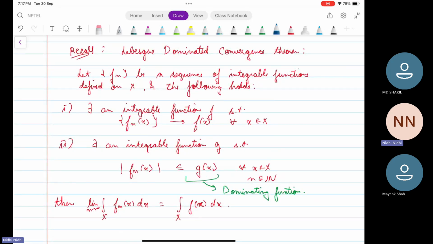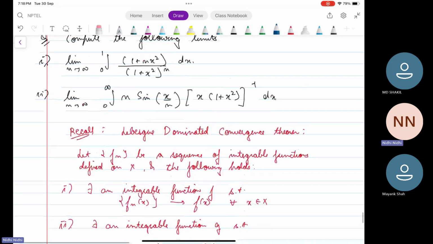So yeah, is this definition clear? In the previous session, I had explained this. Now, since this has become a part of your syllabus, I think you're more comfortable with these terms now. And this is a very good result, the dominated convergence theorem. Mostly, you'll be able to solve problems related to convergence of integrals using this Lebesgue dominated convergence theorem.